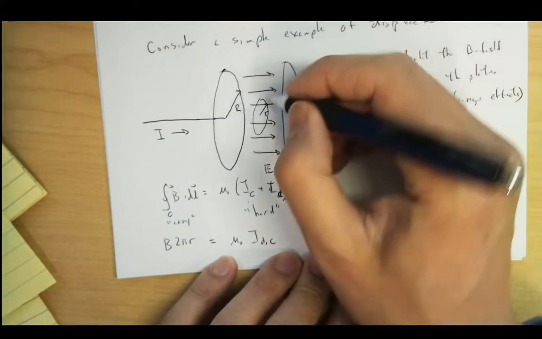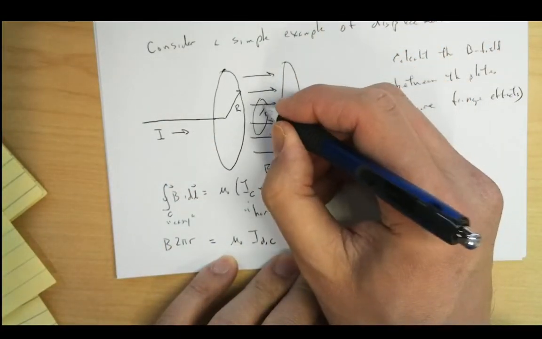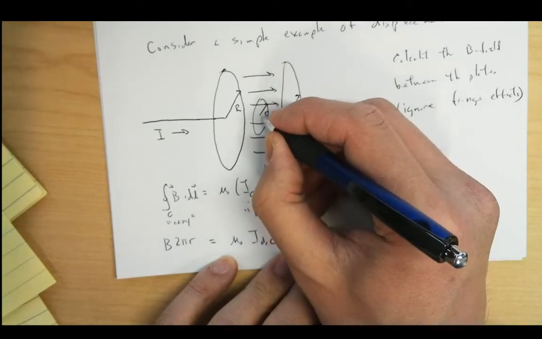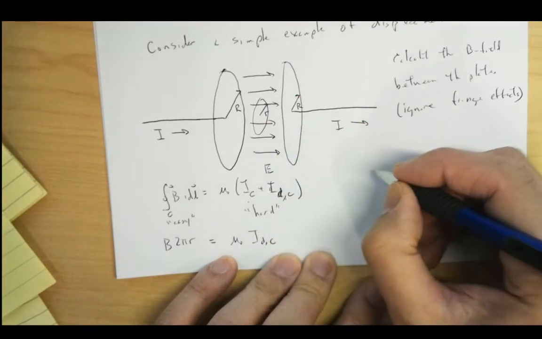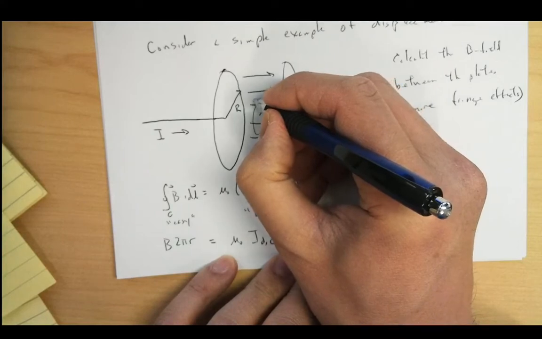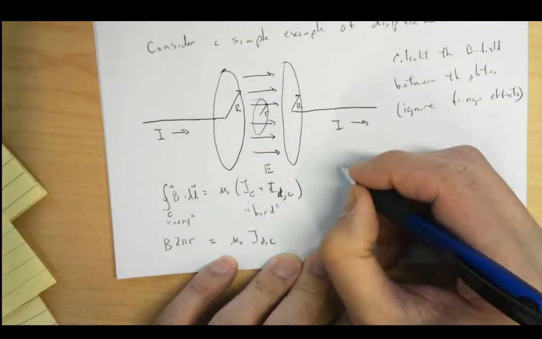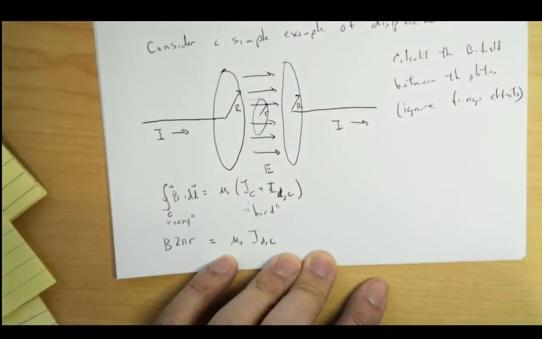What we care about is what's happening in between the plates, so we need to figure out what the electric field is going to be like. Let me think, what's the best way of doing this? Let's do it this way.